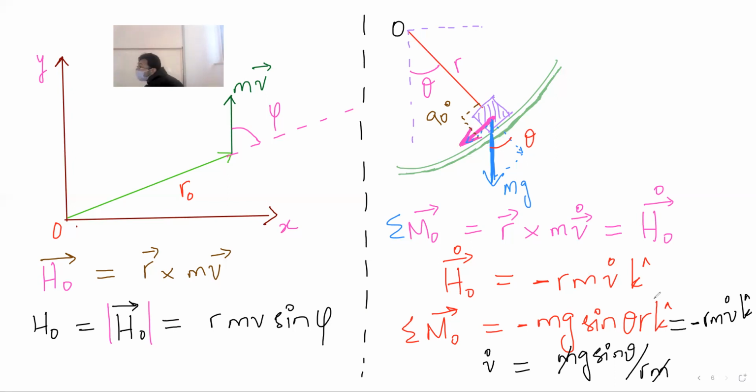Why is it the k unit vector? Because we know that the summation of moments will have an answer in the k direction, right? Next part is, why am I equating it to minus r mv dot k? Again the same answer, because the rate of change of momentum about O is equal to minus r multiplied by mv dot.